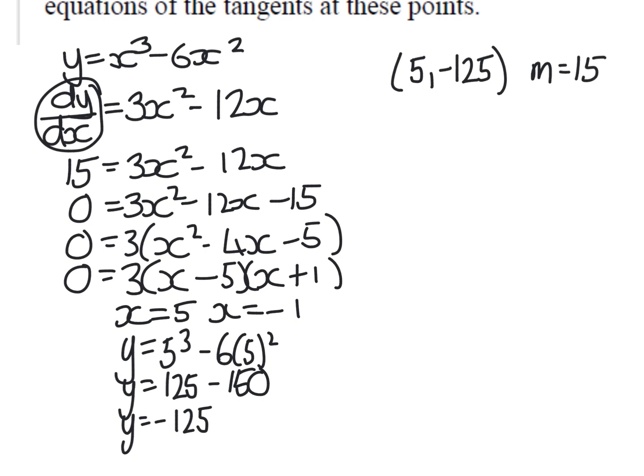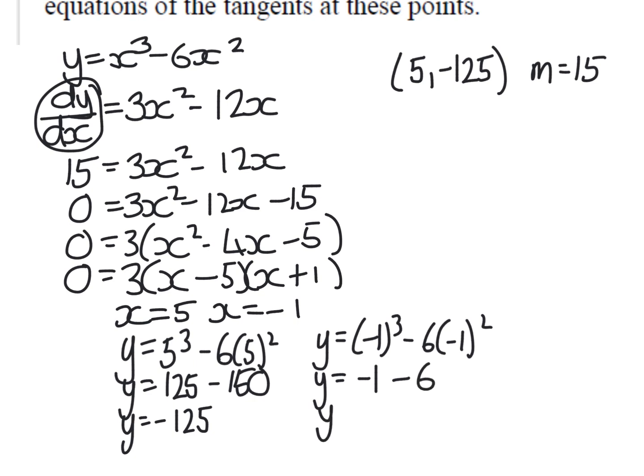And the other coordinate, I'm going to plug in x equals minus 1, so y equals minus 1 cubed, minus 6 times minus 1 squared, which will be minus 1, take away 6, which is minus 7. And the other coordinate is minus 1, minus 7, with a gradient of 15.